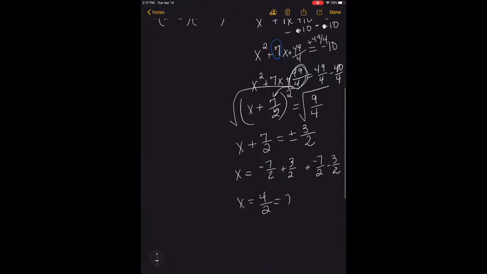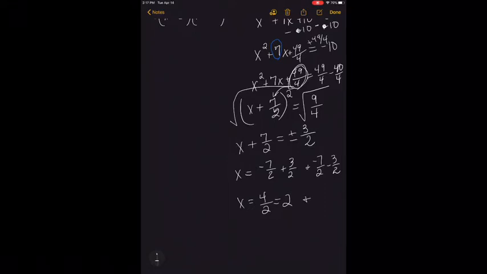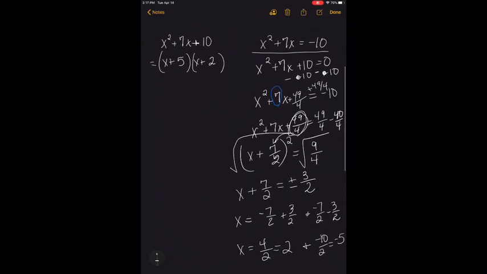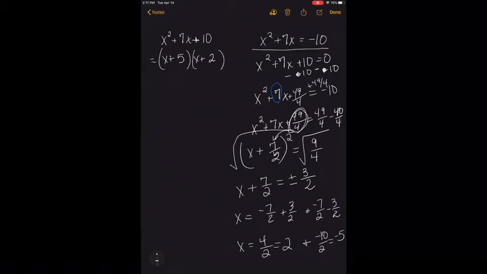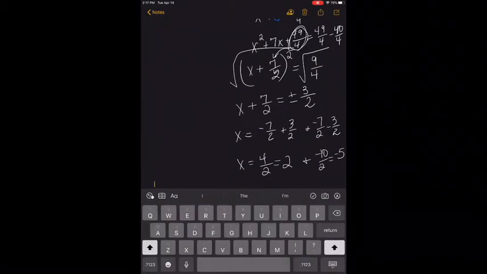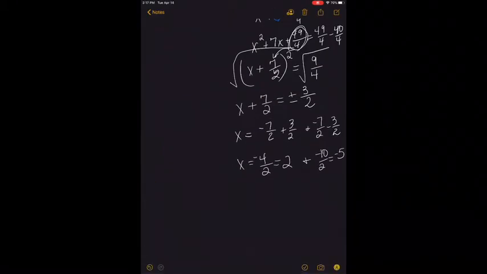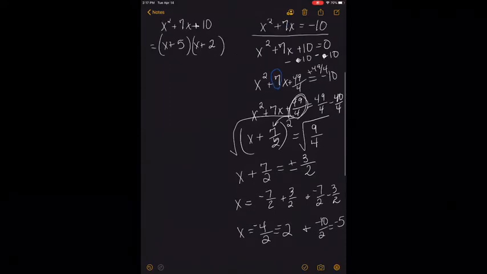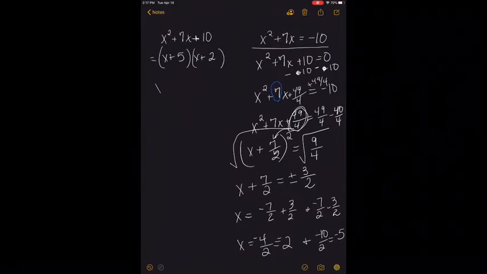So x equals negative 4 over 2, which is negative 2, and negative 10 over 2, which is negative 5. Okay, which is the exact same thing we got here. So in this equation, we got x equals negative 5 and negative 2.